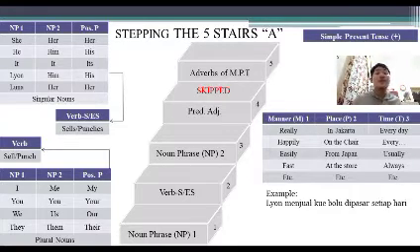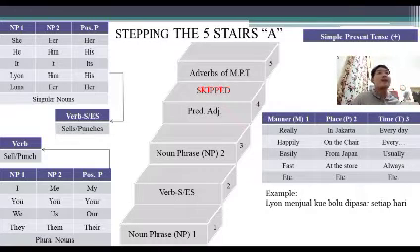We are going to skip the fourth stair, and the last is adverb of MPT. M is for manner, P is for place, and T is for time. Can we put them not in order? No, you cannot, because you need to put them in order.